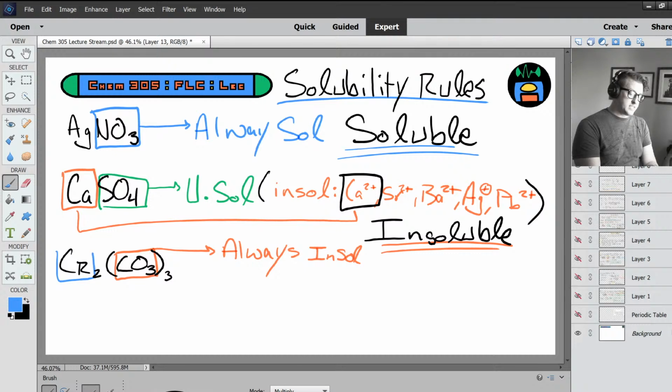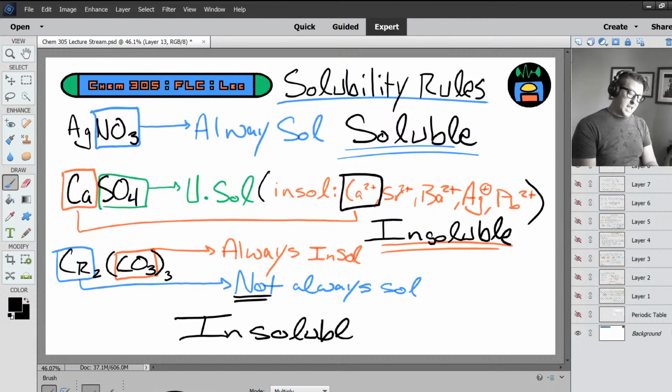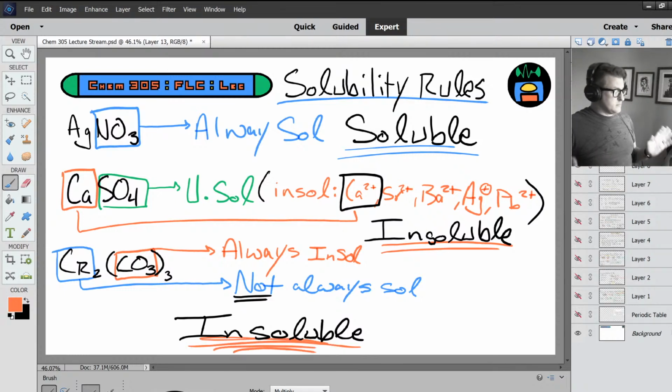That means it's only soluble if it's paired with an always soluble ion, and chromium is not on the always soluble list. Because it's not, that makes this compound insoluble. All right. Anytime, now again, here's another transition metal, right? Chromium. Anytime you're given a transition metal, don't freak out. That's just my hint telling you to look at the other ion. That ion will determine whether you're soluble or insoluble. Cool?